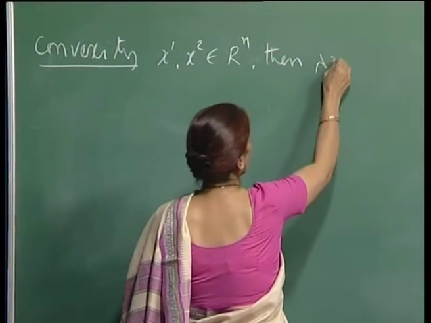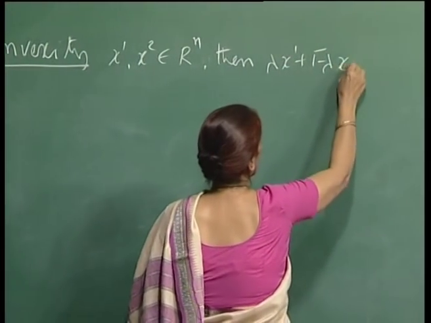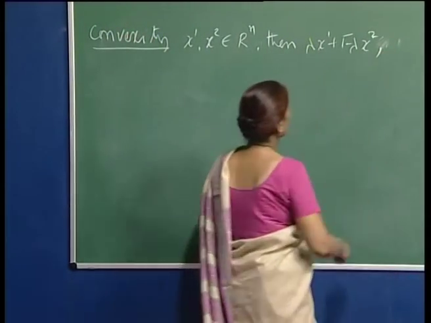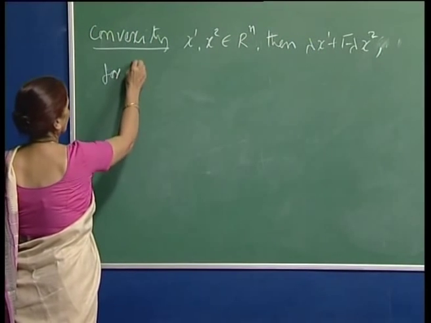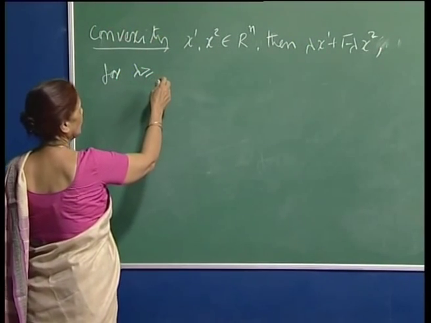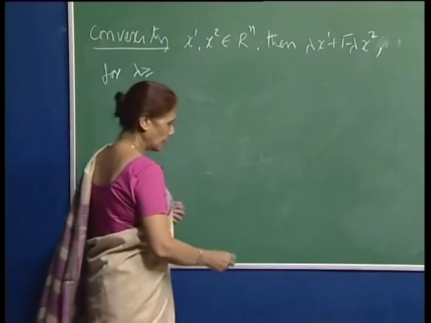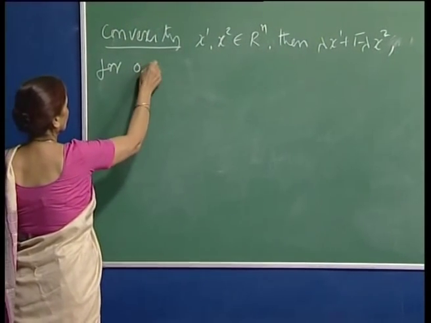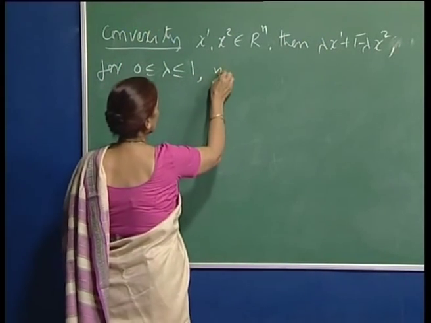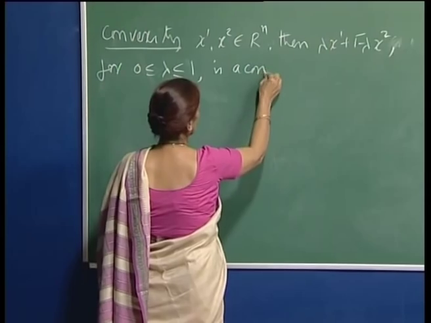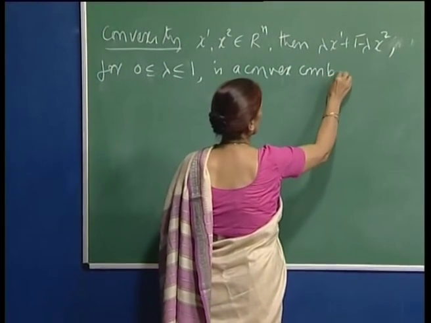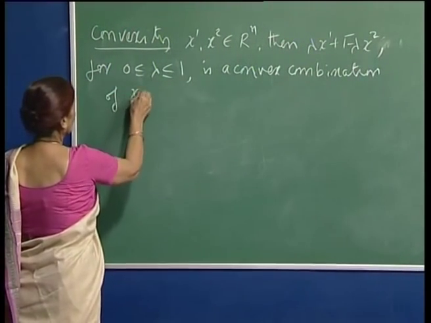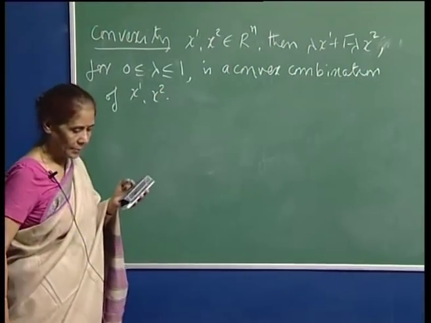Then lambda x1 plus (1 minus lambda) x2, for 0 less than or equal to lambda less than or equal to 1, is a convex combination of the 2 points x1 and x2. And as you vary lambda, you get all possible such points.